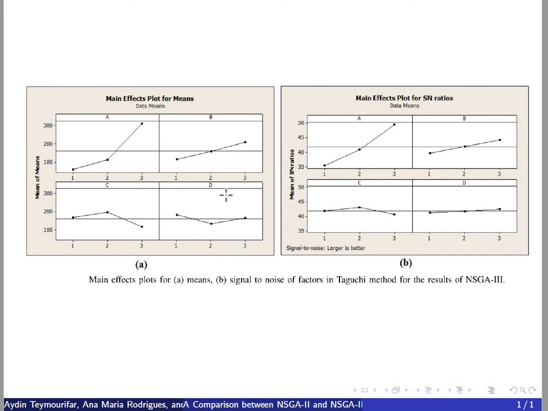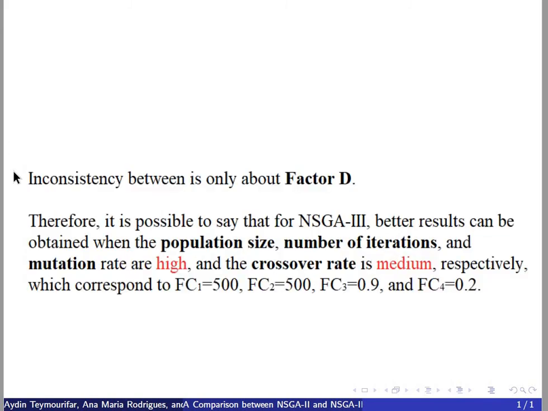Inconsistency between figures A and B is only about factor D. Therefore, it is possible to say that for NSGA-III, better results can be obtained when the population size, number of iterations, and mutation rates are high, and the crossover rate is medium respectively, which corresponds to these values.